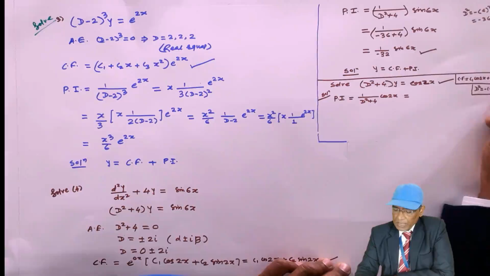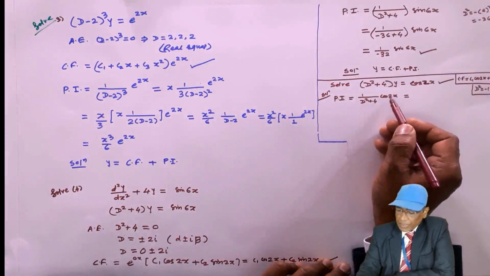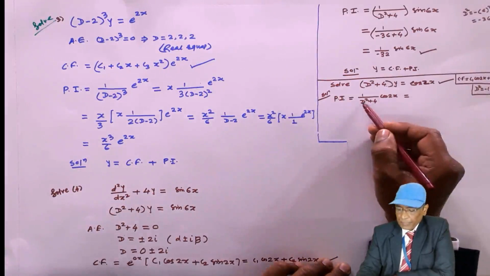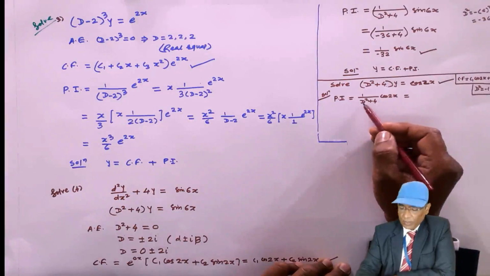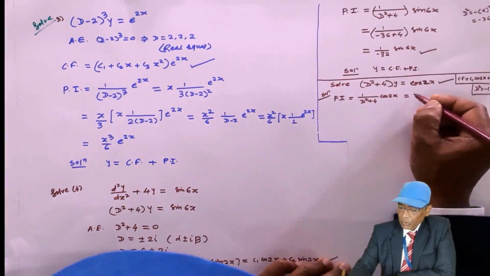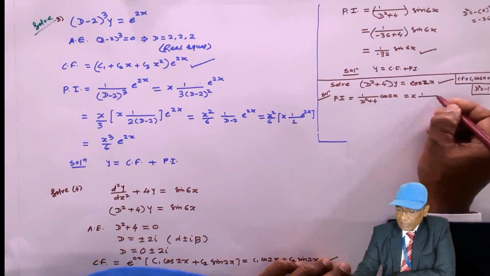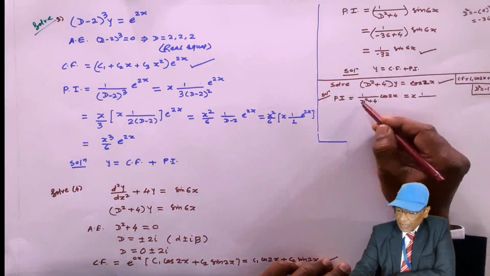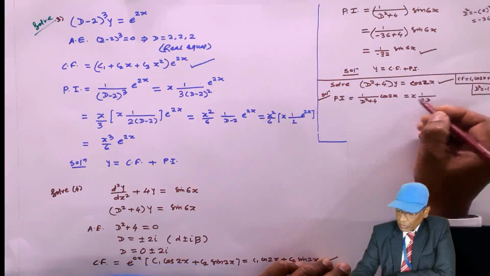But if you replace D square by minus 4, then minus 4 plus 4 will be 0. Means after replacing D square by minus 4, you are getting 0 in the denominator. That is not allowed. So what to write in that case? Write down x outside of the operator and simultaneously take the derivative of the denominator separately. Derivative of D square is 2D and derivative of 4 is 0. Cos 2x.